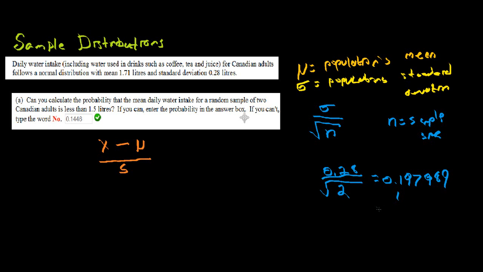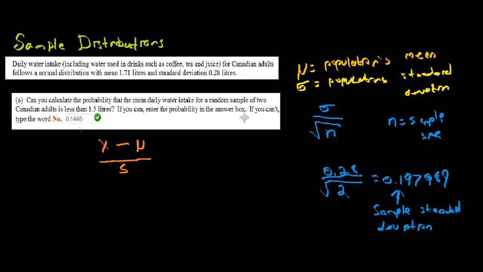Let me take the time to write that out. So that's the sample's standard deviation. That's what we can use in this formula right over here. So now we have all the information we need to actually answer this question.